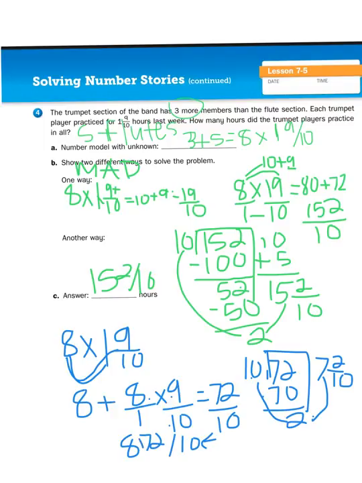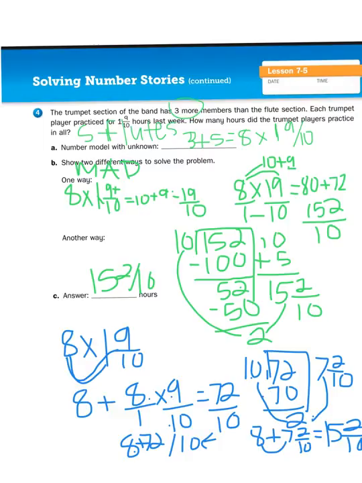So now I need to add my 8 plus 7 2/10. Of course, 8 plus 7 is 15, and then our 2/10 would remain. So we got the same answer as the first time, just in a different way.